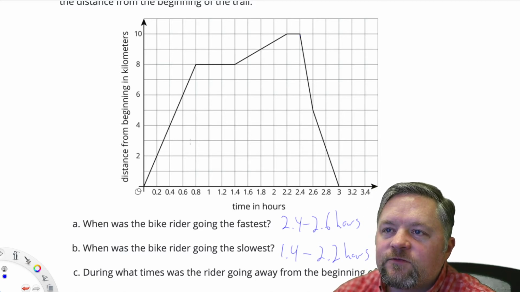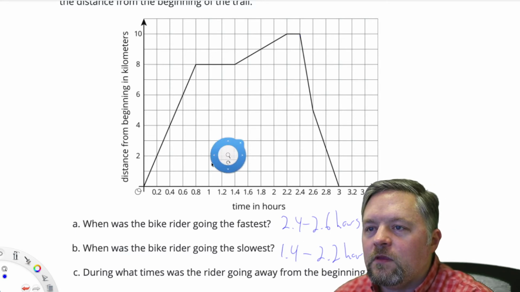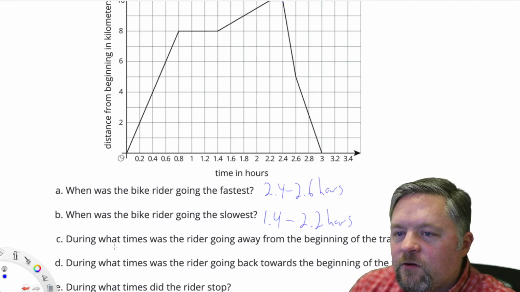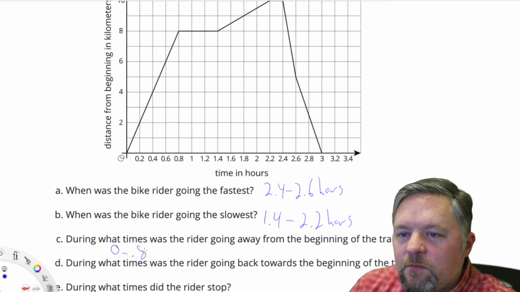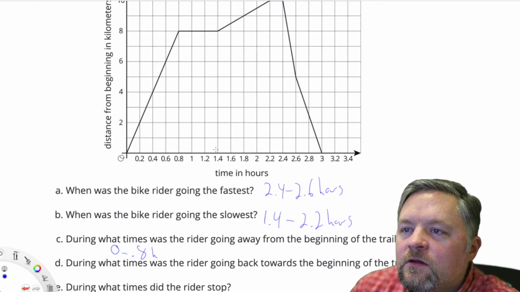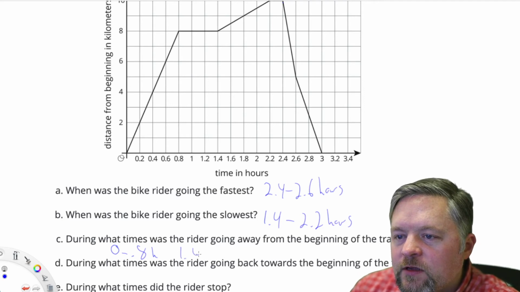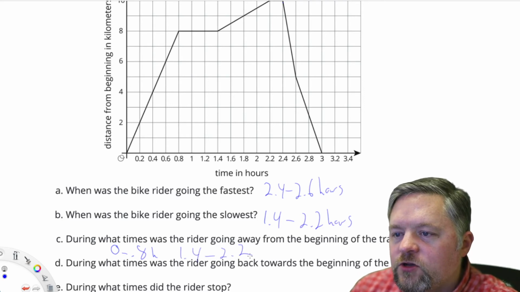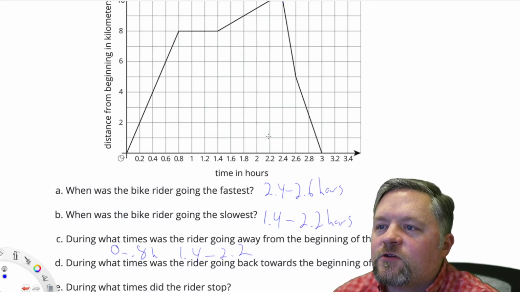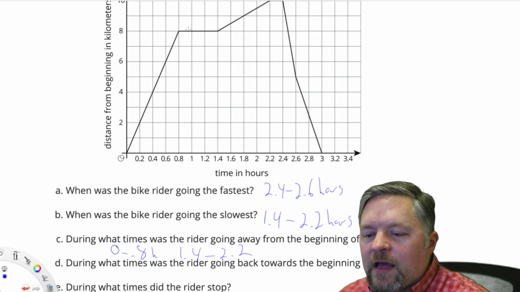So it looks like from 0 to 0.8 hours and 1.4 to 2.2. You could kind of say from 0 to 2.2, but here he was stopped, not really going away.